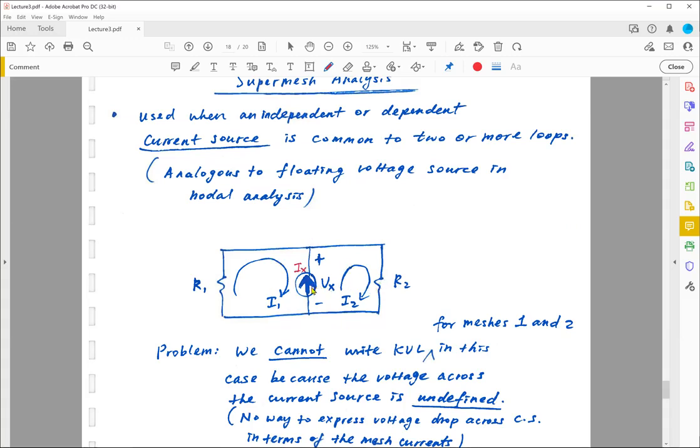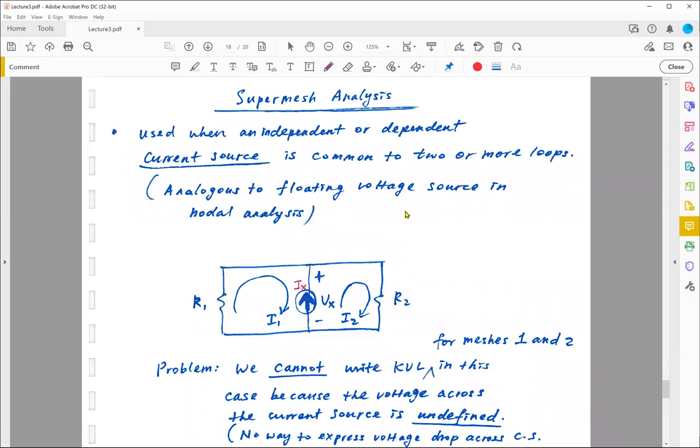If you remember, this mesh analysis is purely based on KVL. And for you to write your KVL equation, you need to know the voltages, the algebraic sum of the voltages around the loop.